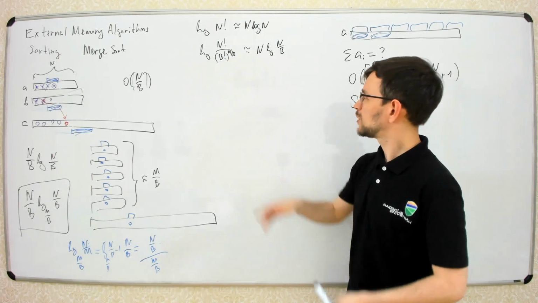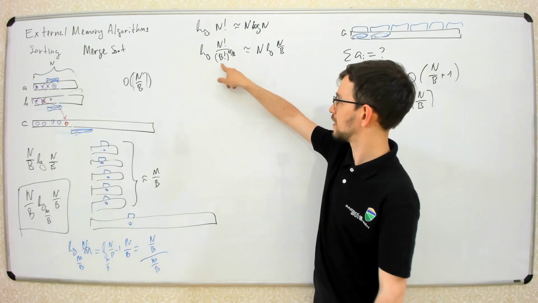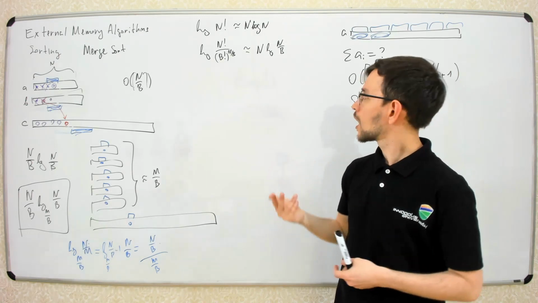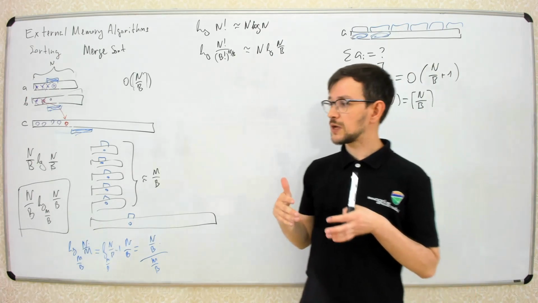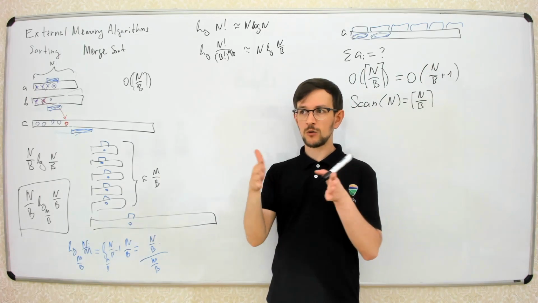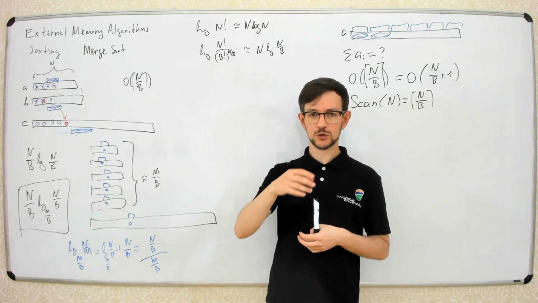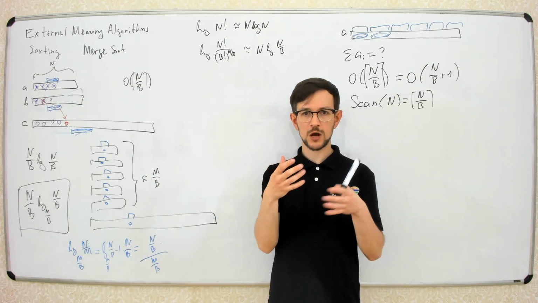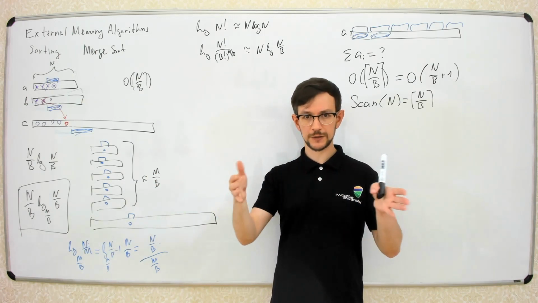So we need this amount of information to sort the whole array if each block is already sorted. Each block is sorted, so I divide this by these factorials, so I don't need information inside each block. Now let's think what is the amount of information we can get in one read. When we read one block of data, how much new information do we actually get?